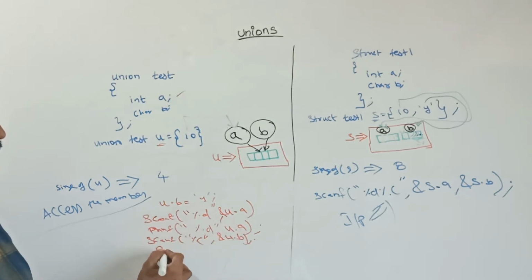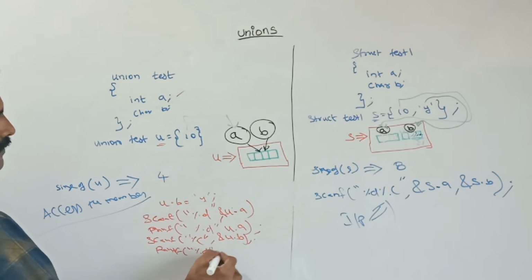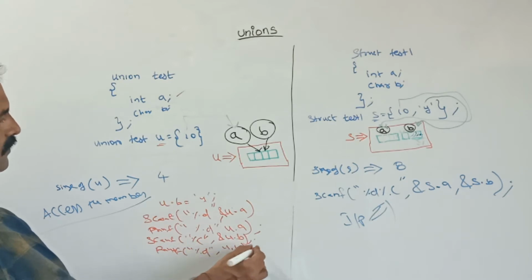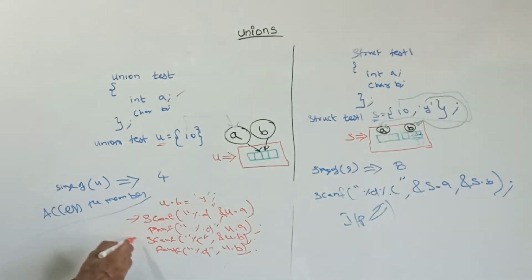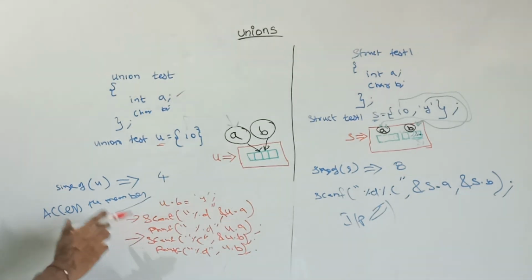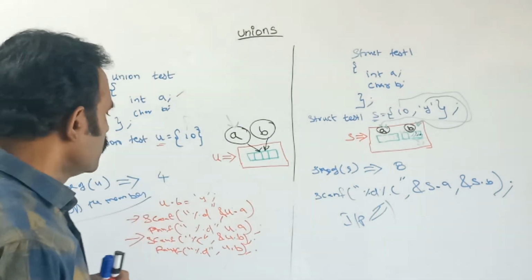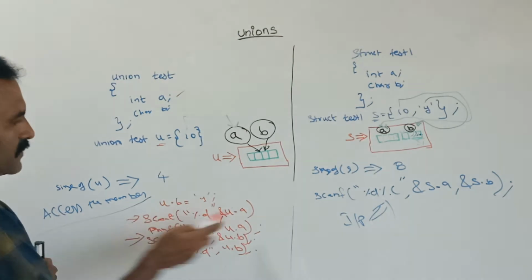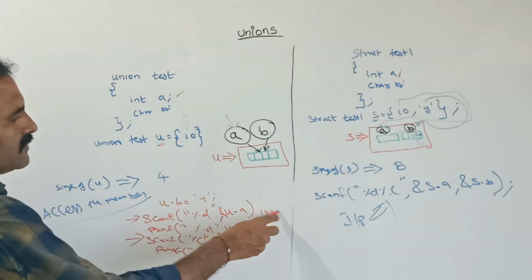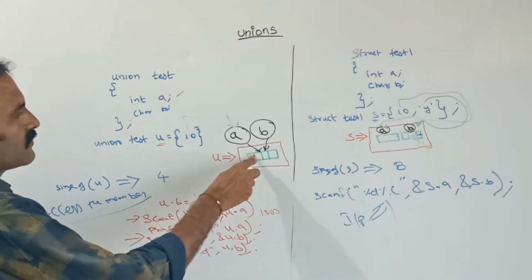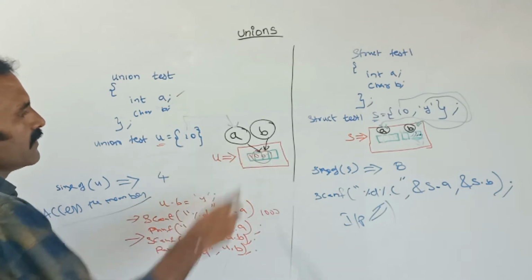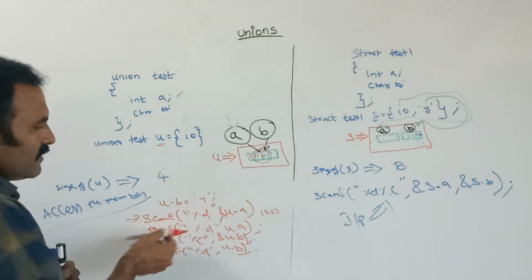Next we can tell it to print it. So each and every time we can give only one value. First, suppose you give 1000, the a value 1000 will be stored in the memory. After this, 1000 will be printed.